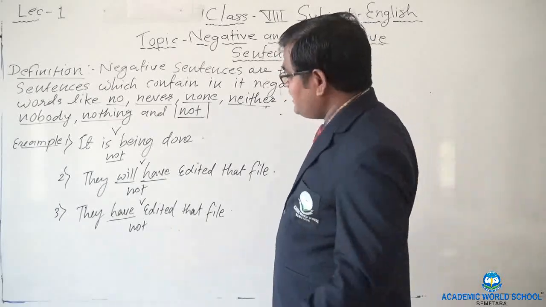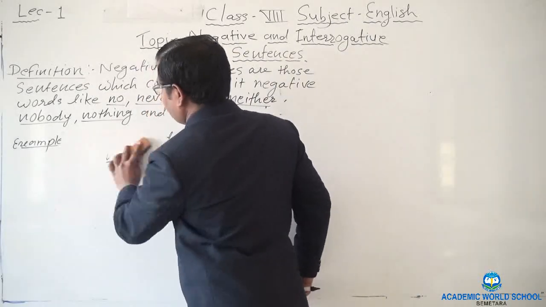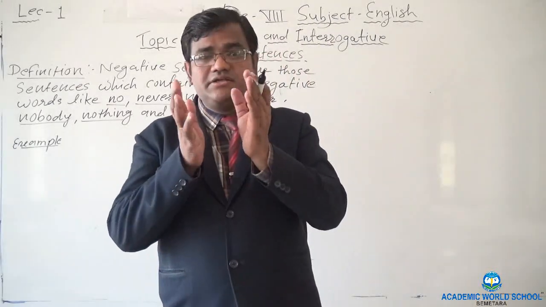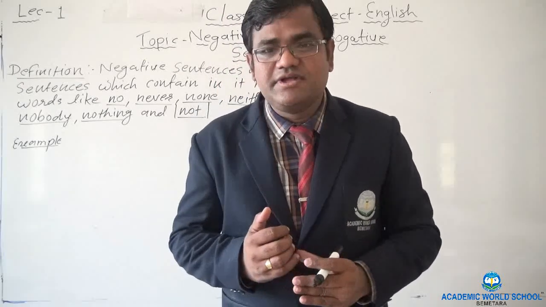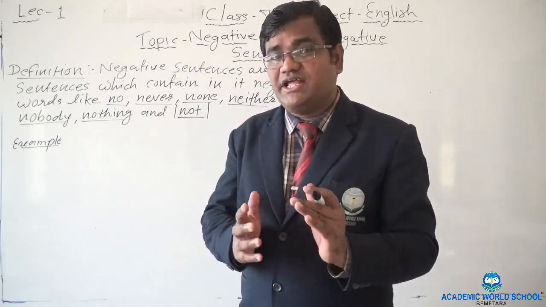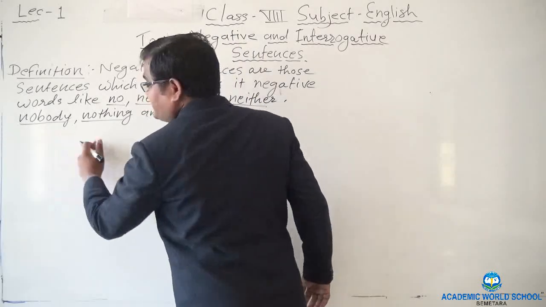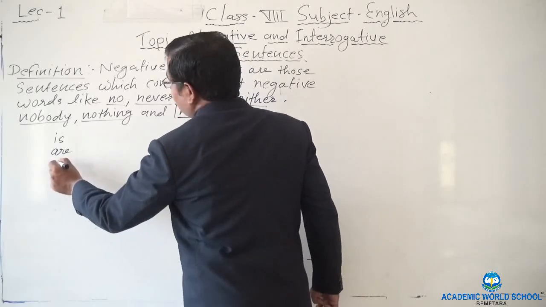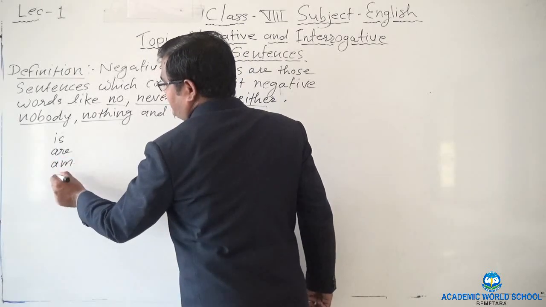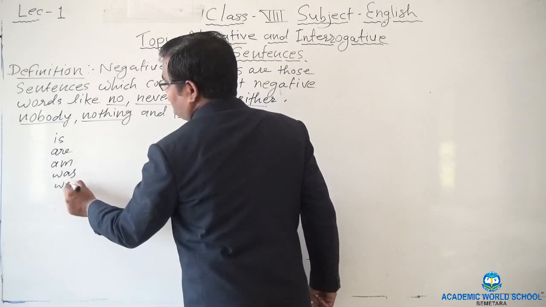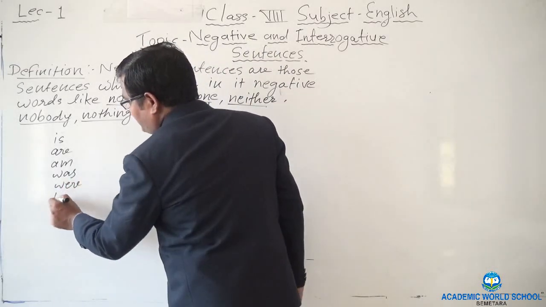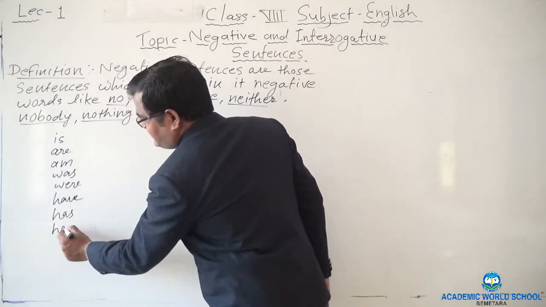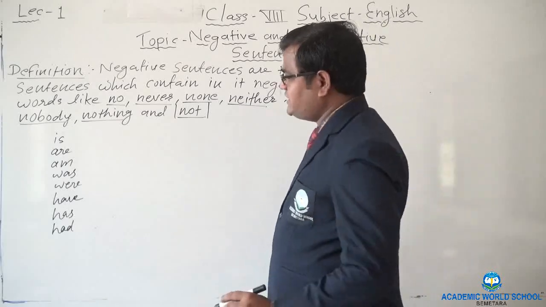So let's see in short what it exactly means. Not cannot be added without a helping verb, right? So a helping verb must be there, and there may be different helping verbs. For example, there may be is, are, am, was, were, have, has, had.